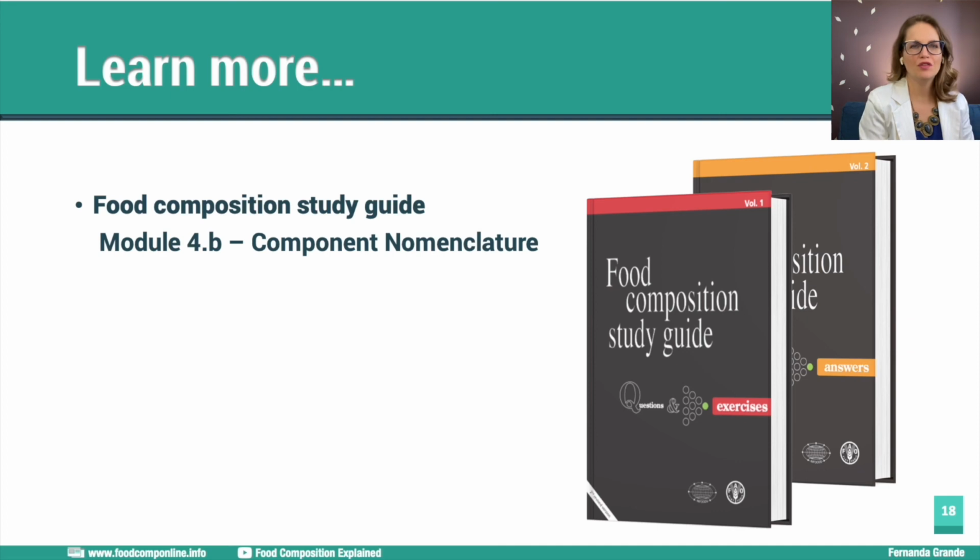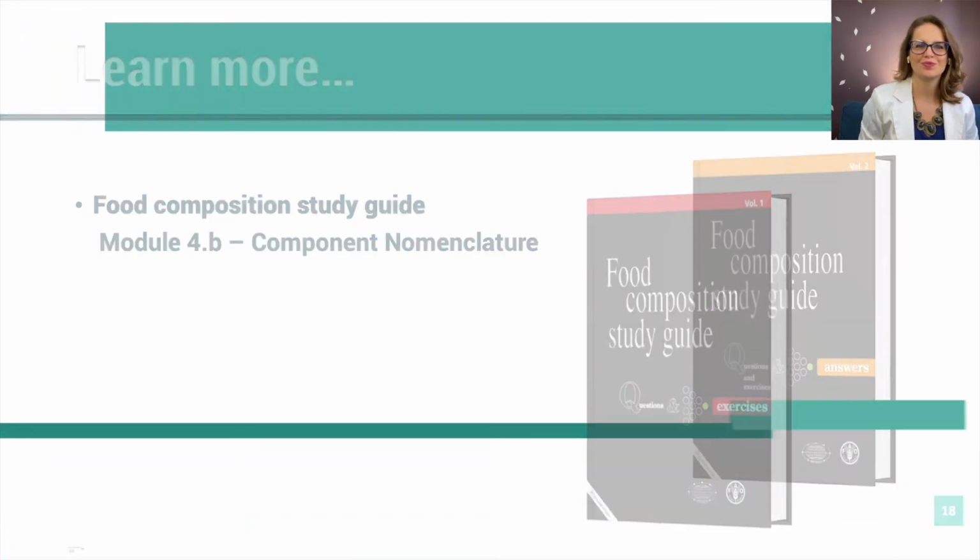In volume 1 you have all the questions, and in volume 2 you have also the answers and some comments on the answers. So it's also a good way to learn more about the component identification and the tag names.